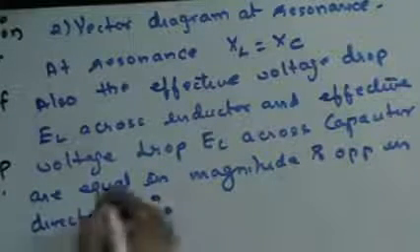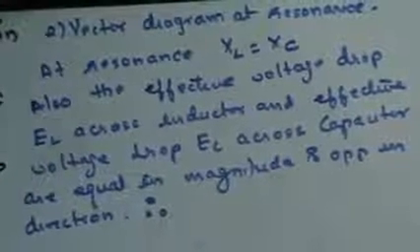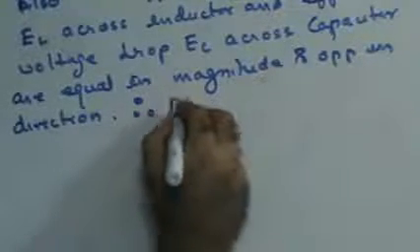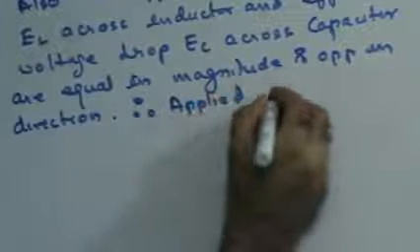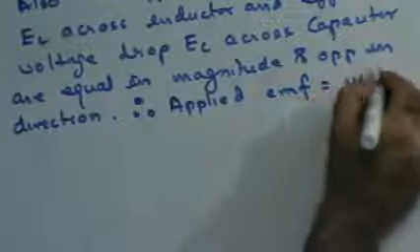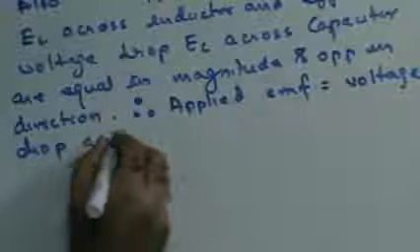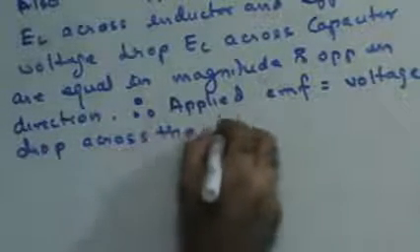Therefore, since they are equal in magnitude and opposite in direction, the voltage drop across the inductor, EL, and the capacitor, EC, are going to cancel each other. Therefore, I can say that the applied EMF is equal to the voltage drop across the resistance only.